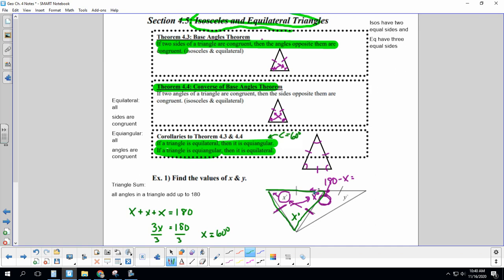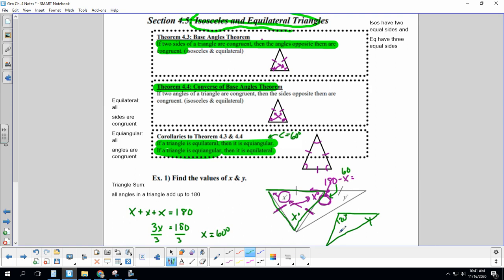Okay, so now that we have x equal to 60, we can find this little missing angle. I'm going to redraw this triangle because sometimes when we get too many triangles in a room, it gets crazy. This angle here is 180 minus 60, which is 120.